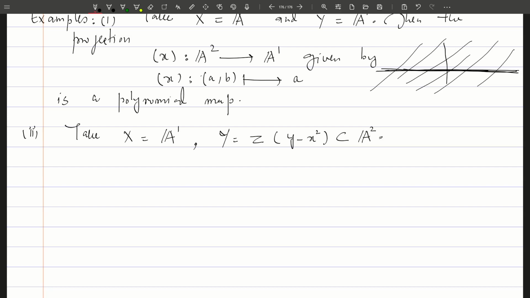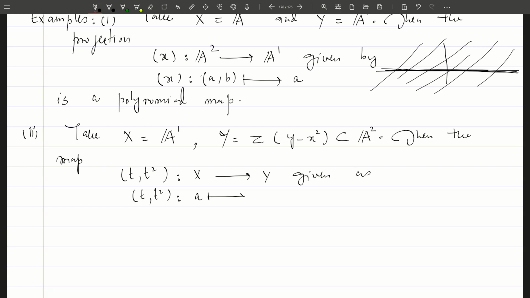So then the map, say t goes to t square, from the set X to the set Y, is given as t square. So it takes a point a to a square.